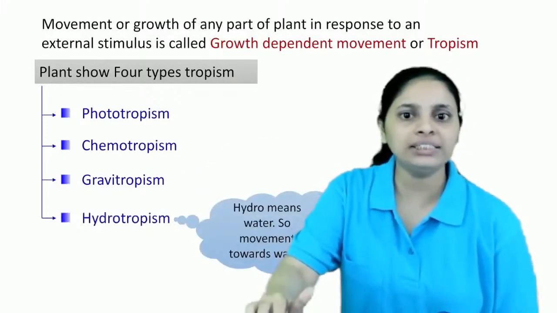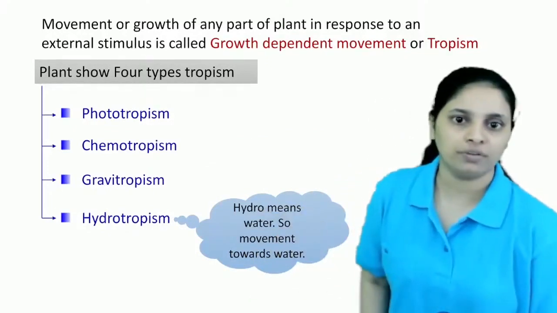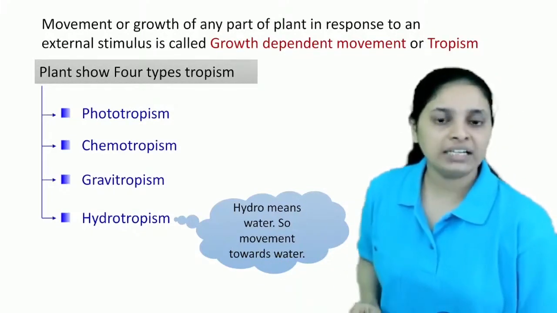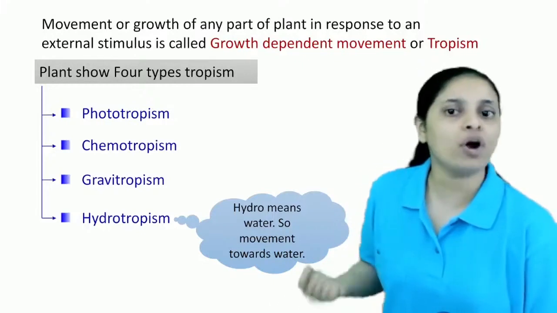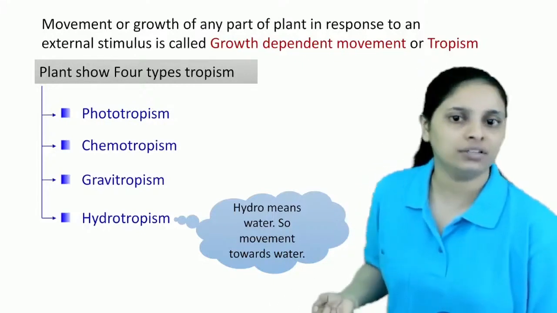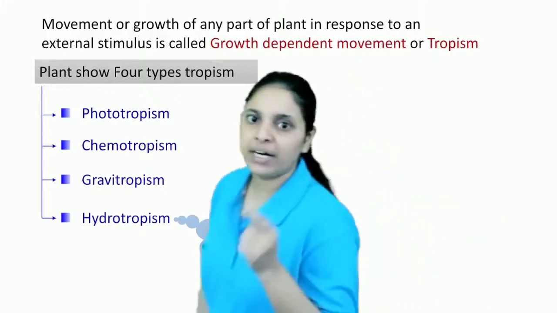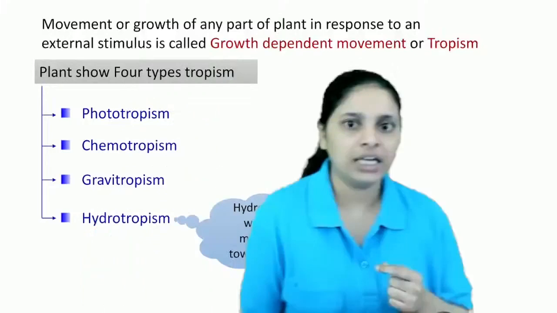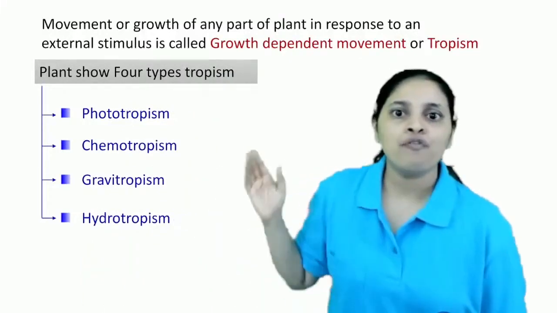The fourth type is hydrotropism. Here hydro word refers to water. So here stimulus will be water and the movement with respect to water will be hydrotropism. Okay. So growth dependent movements or tropic movements, that is tropism, is of 4 types. What are the 4 types?